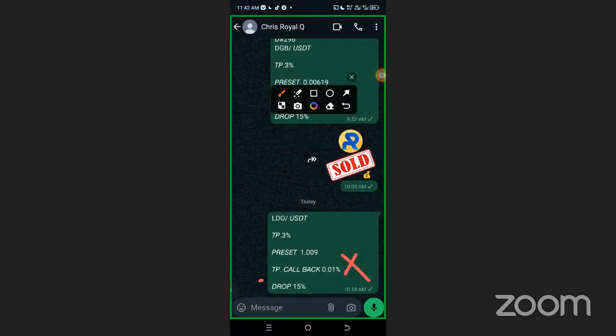Do you see this word margin call drop? This word drop. They have given you 15%. We don't need it. Why?